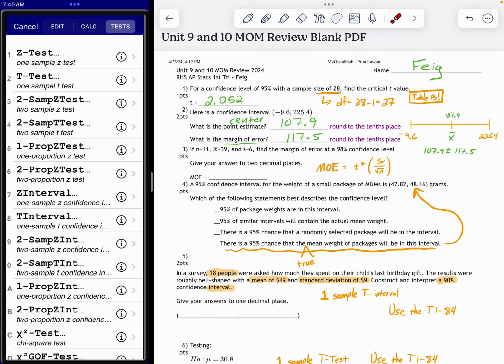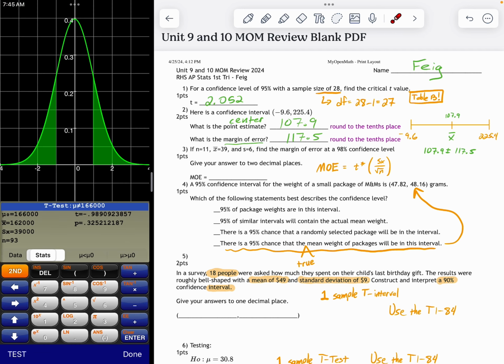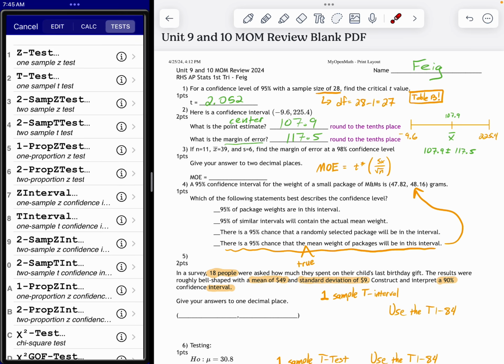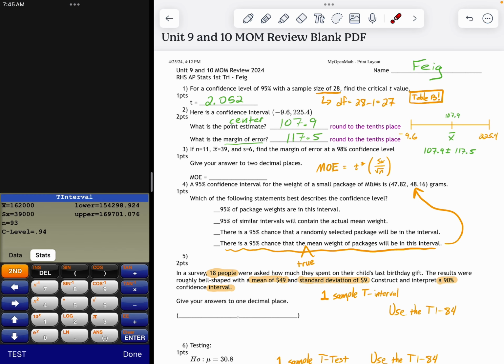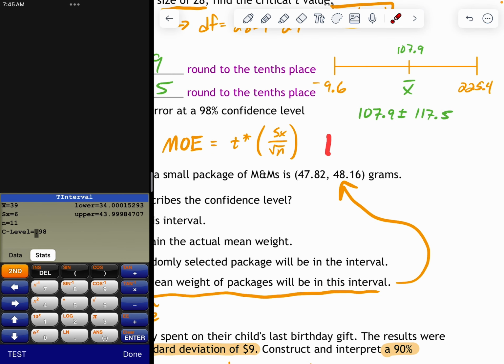It is not a test, I'm sorry, it's an interval, because intervals create margins of error. So I'm looking for number 8, t interval. Put in what they gave you: 39, s is 6, and sample size is 11. Confidence percentage is 98. And you can see there, they're giving me the interval.